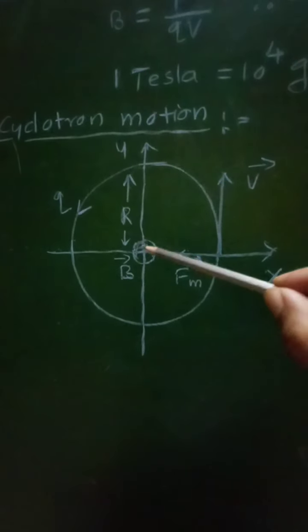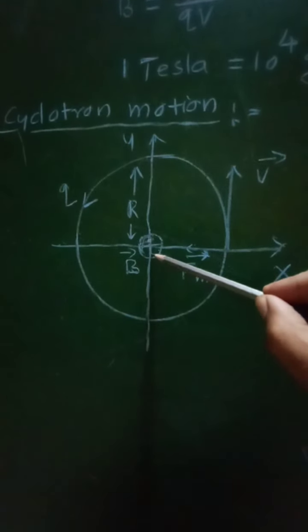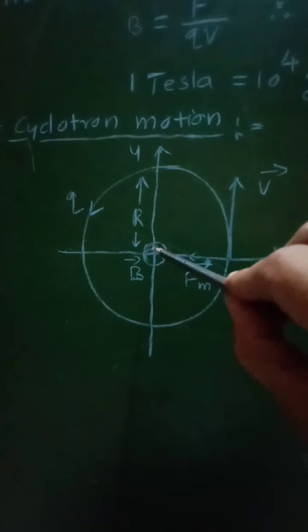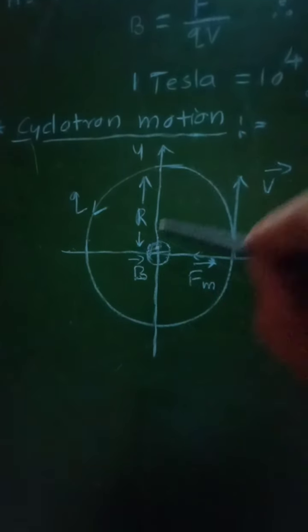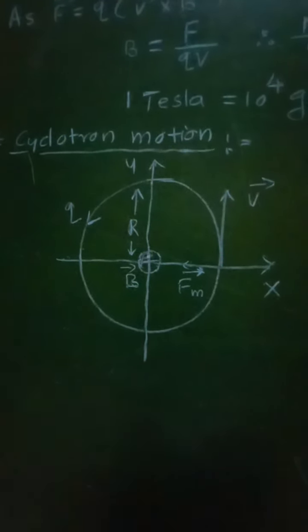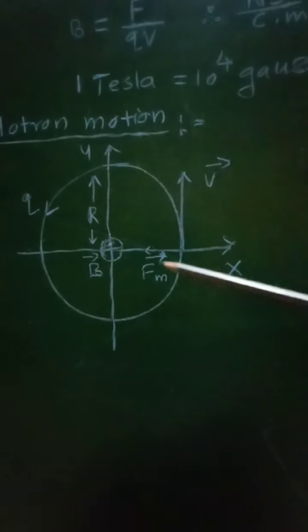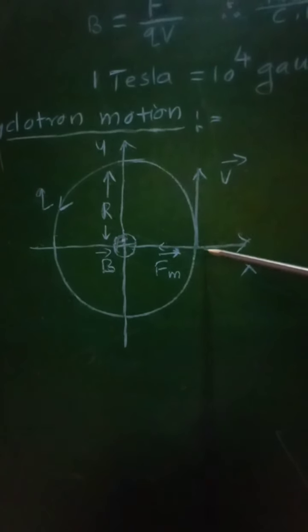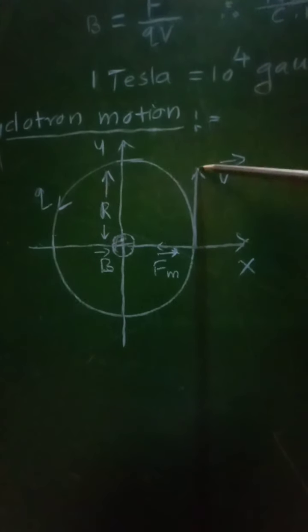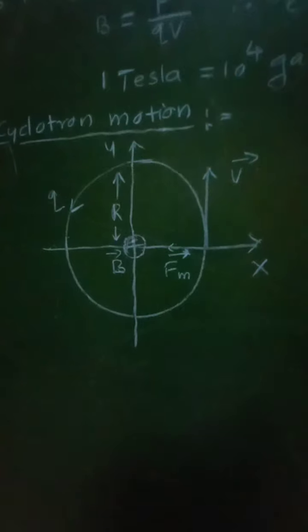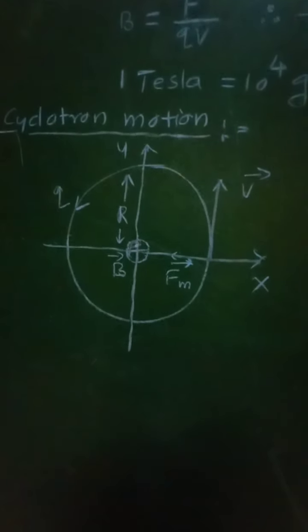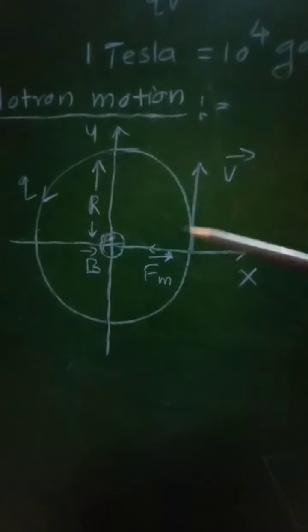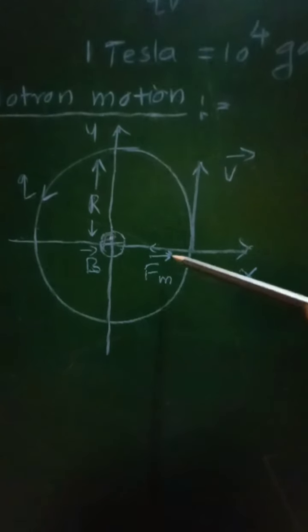Now in this case, B represents the magnetic field which is acting perpendicular to the plane of the board, directed inwards. The tangential velocity v will be denoted here at this point along the x-axis. It will always be tangent to the circle, and v is the speed.